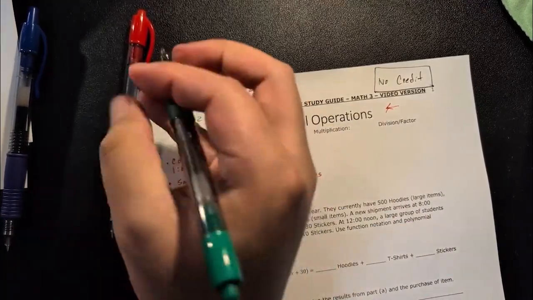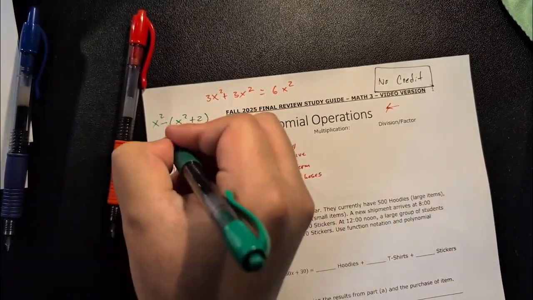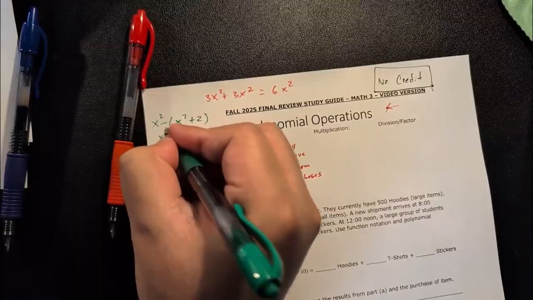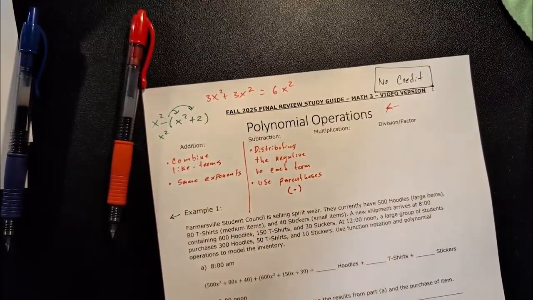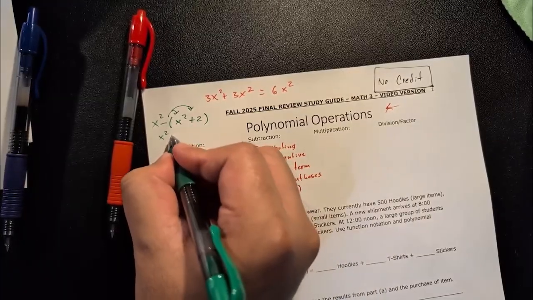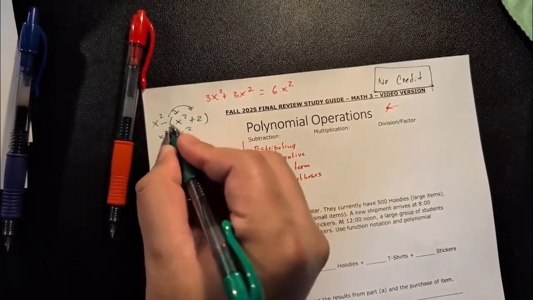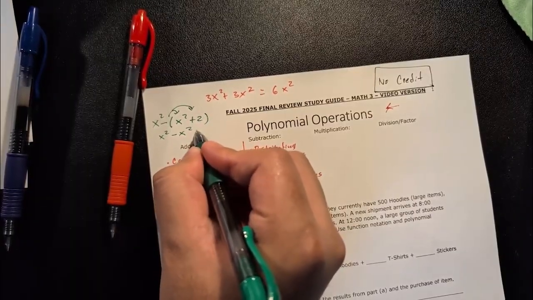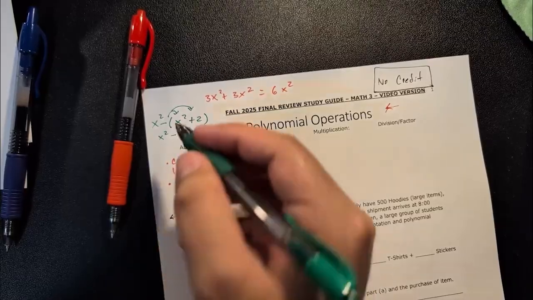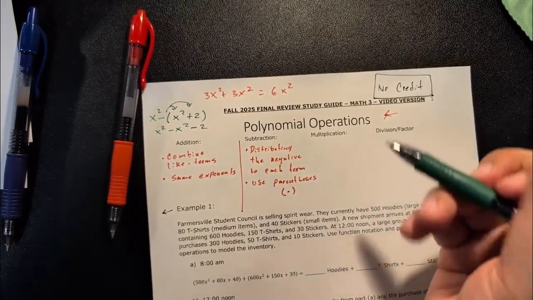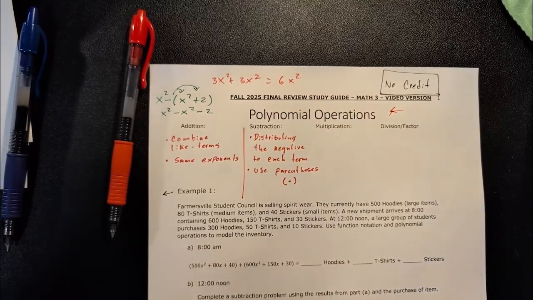This becomes x squared, the same, and now we distribute the negative to each term. Negative times x squared is negative x squared. Negative times positive 2 is negative 2. Then you could simplify afterwards. So we want to distribute the negative and use parentheses whenever we are subtracting.